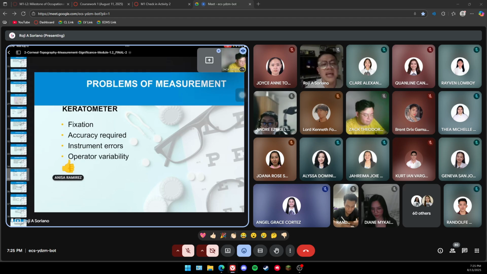Another thing is the instrument error when it is not calibrated. What thing do you know that needs calibration? Anyone? Example of calibration. What are the things that need to be calibrated?